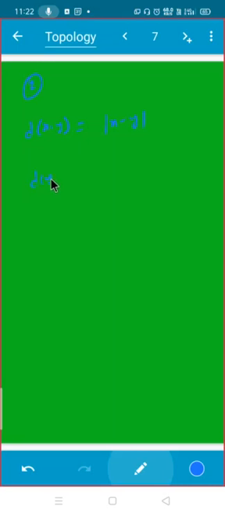So d of y comma x is y minus x. How can you say both are the same? From the definition of the modulus function, exactly.